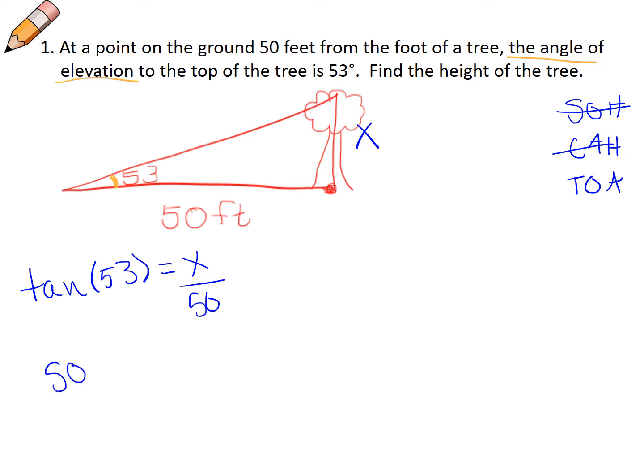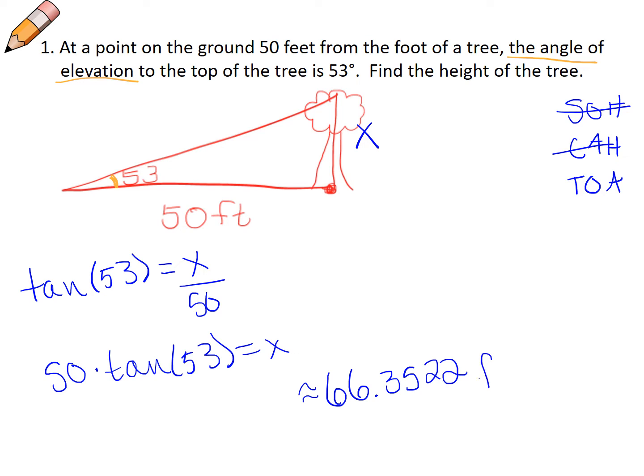So what we want to plug into our calculators is 50 times the tangent of 53, and remember, for now we're going to round these decimals to 4 decimal places, and we get for an answer that the height of the tree is approximately 66.3522 feet. So our picture is a little bit not drawn to scale, but that's all right.